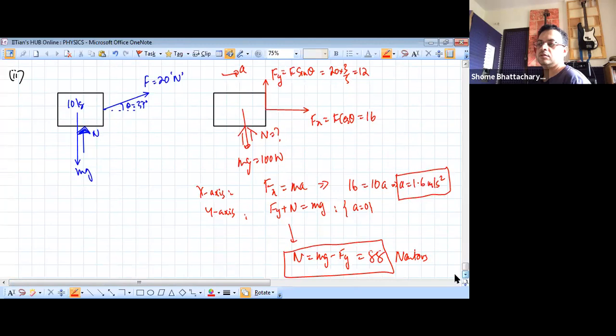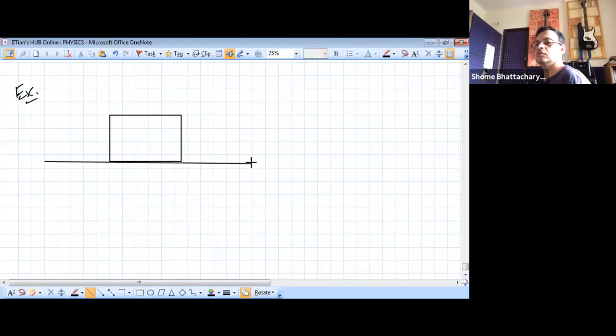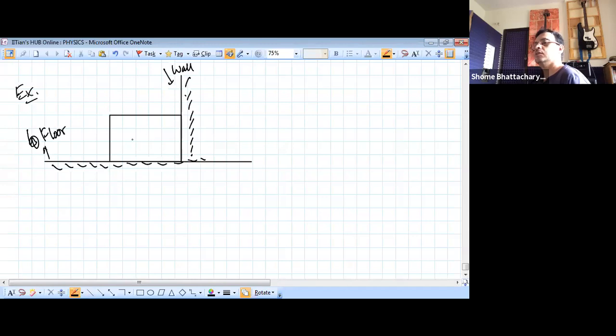Now let's see another example. Now this time my block is lying against the corner of a vertical wall and a horizontal floor. So this is the wall, this is the floor, and the mass of this is 50 kg.